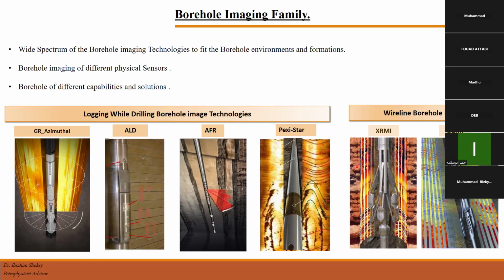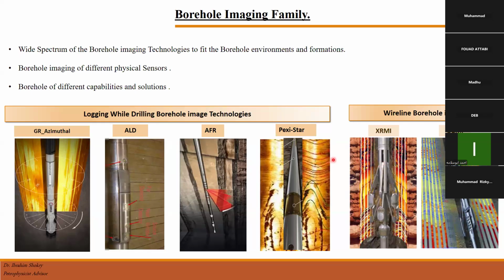If we take an example of the XRMI tool, which runs in water-based mud, it is deployed after drilling, and it offers high resolution imaging in water-based mud. This XRMI tool operating in a water-based mud environment has excellent vertical resolution, up to 0.16 inches.